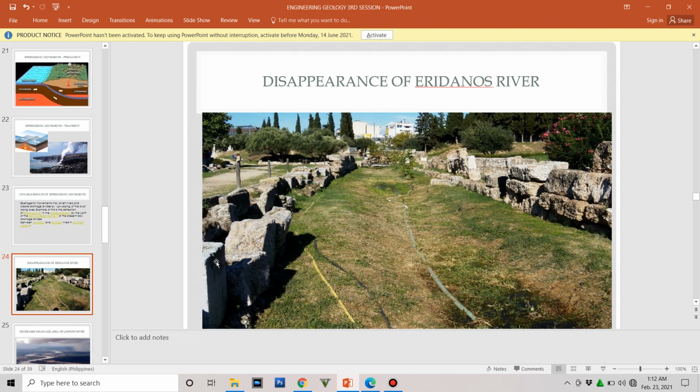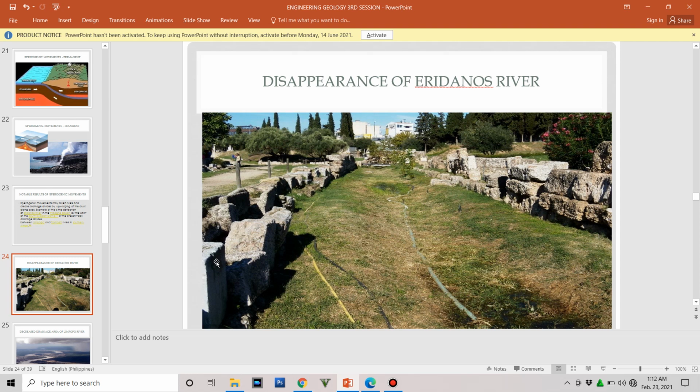So, una, meron tayong tinatawag na Eridanus River. Nawala, biglang nawala, na out of picture. So, the name Eridanus derived from the ancient Greek. Eridanus was given by geologists to a river that flows where the Baltic Sea is now, and its river system was better known as the Baltic River System.